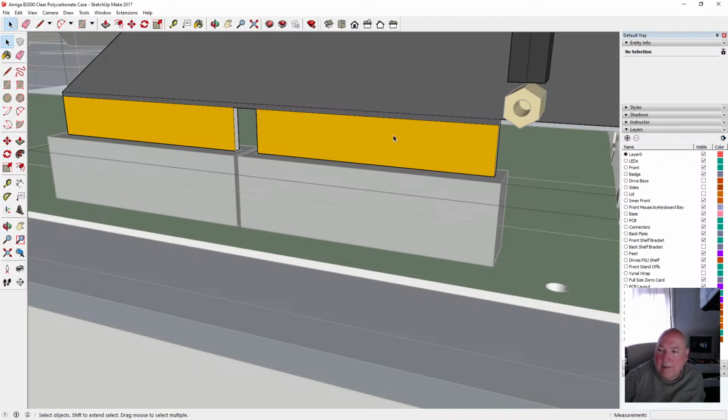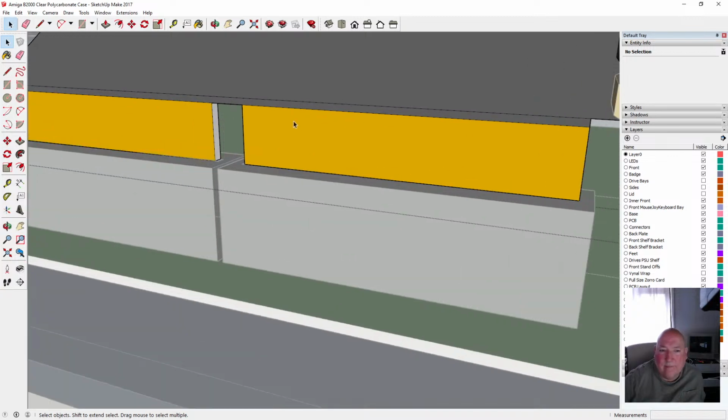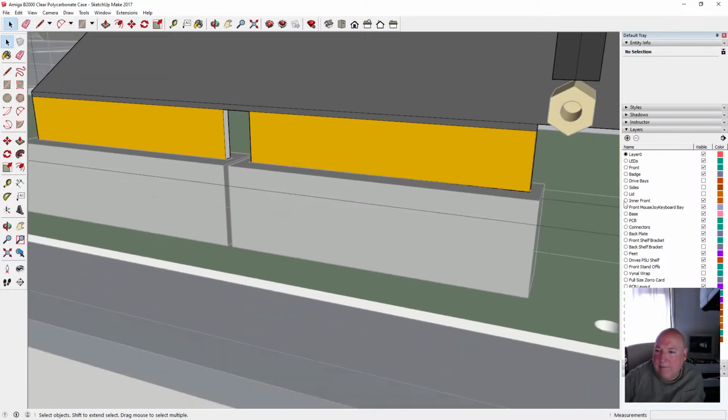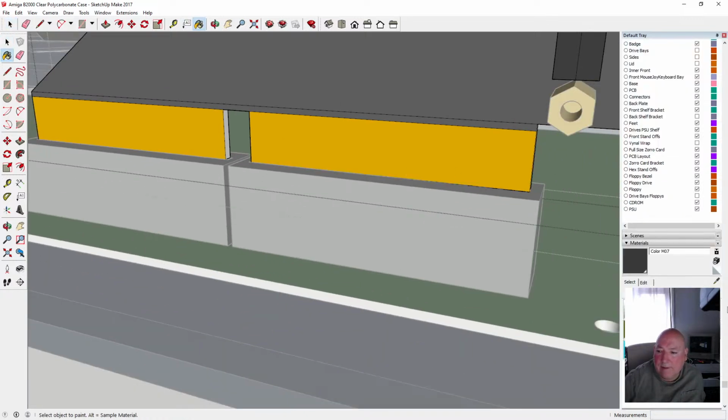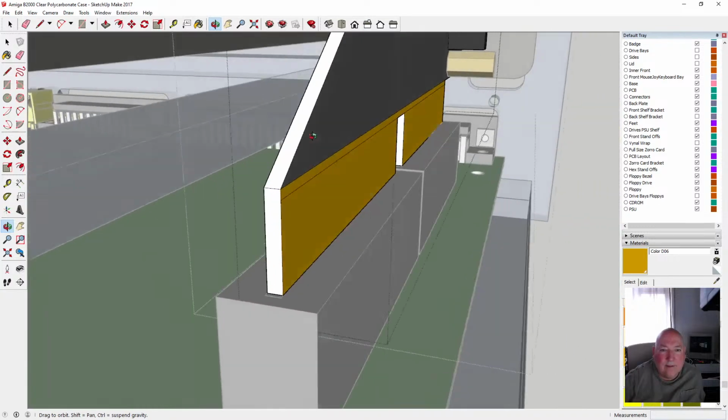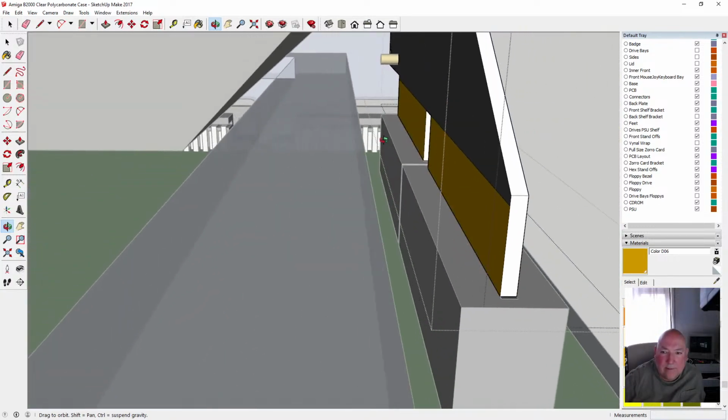And we need to colour that. Let's colour it. Colours. Is it gold? Yeah, that's close enough. Can't see the other side of it now to work on it. Oh, I can just about.